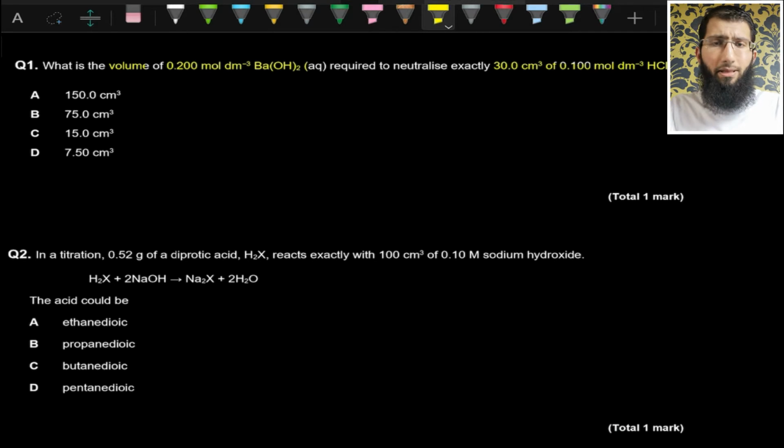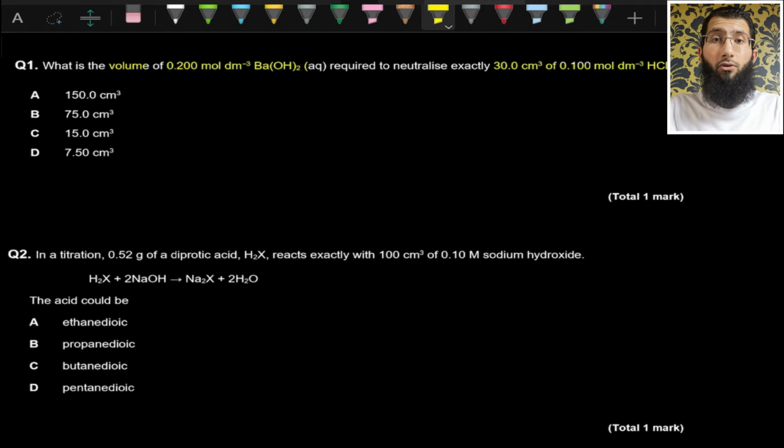Now, let's see if we can begin to eliminate some of these answers before we get started. The question tells us we've got 0.1 molar HCl and the concentration of barium hydroxide is 0.2 molar, and that's what we're working out the volume of. The barium hydroxide is double the concentration of HCl, and for the HCl we use the volume of 30 centimeters cubed.